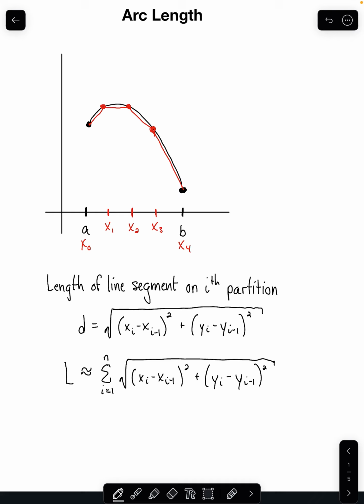This formula does not have a delta x in it that is readily apparent, and that delta x is supposed to turn into the dx of our integral. If we don't see a delta x here, then we're not going to have a dx when we attempt to turn this into a definite integral. So we need to do a little bit of careful manipulation of this expression. So let us start with the distance formula.